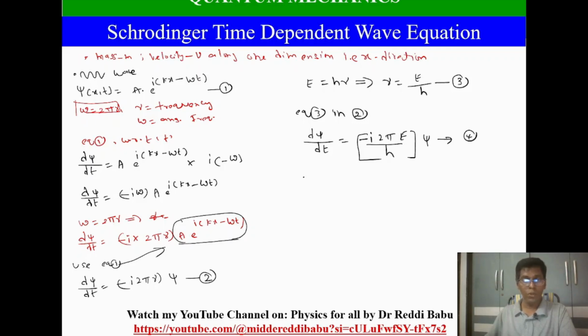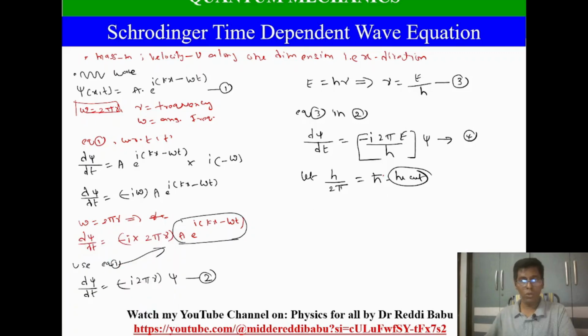I am using one more term. Wherever h divided by 2 pi appears, I use another constant, called h cut. h cut is equal to h divided by 2 pi.